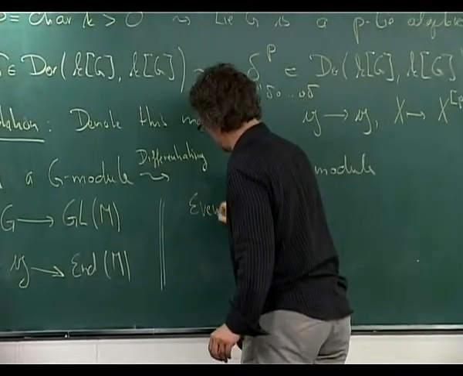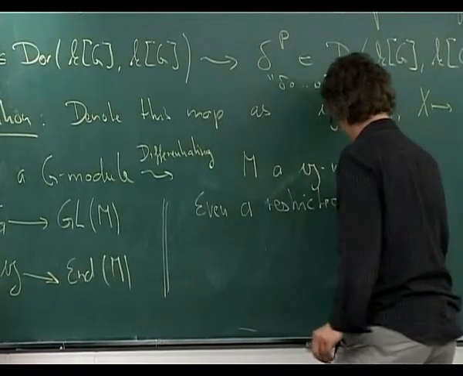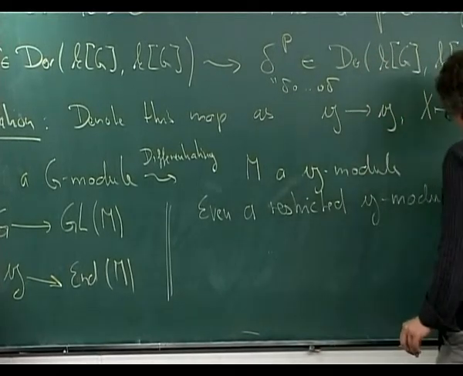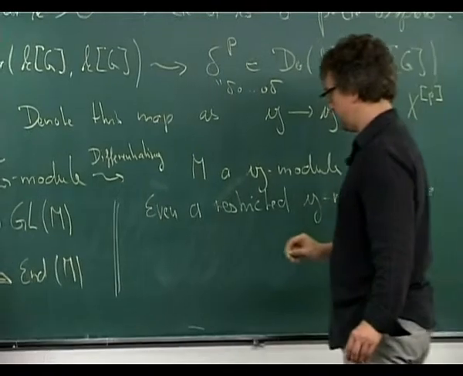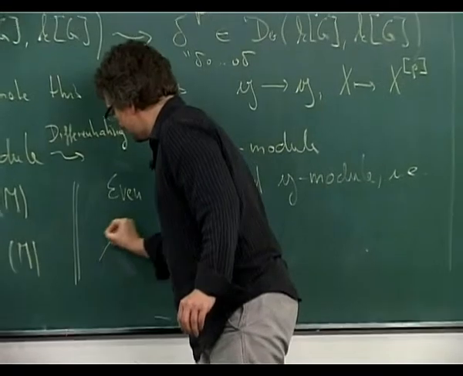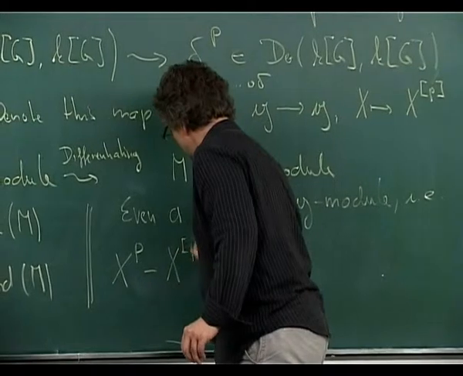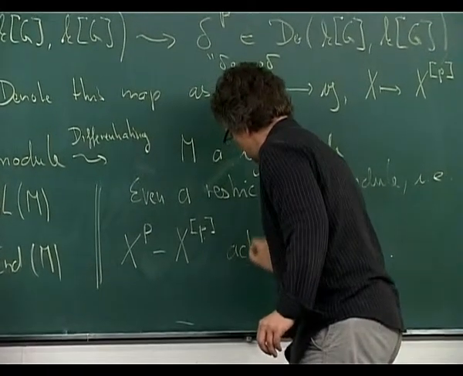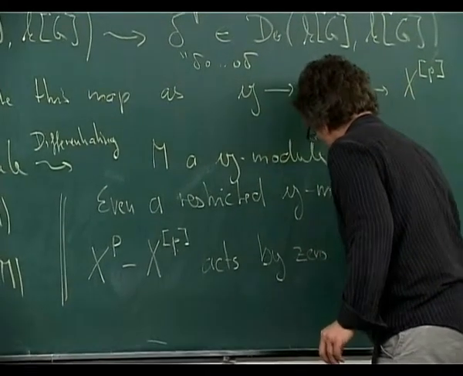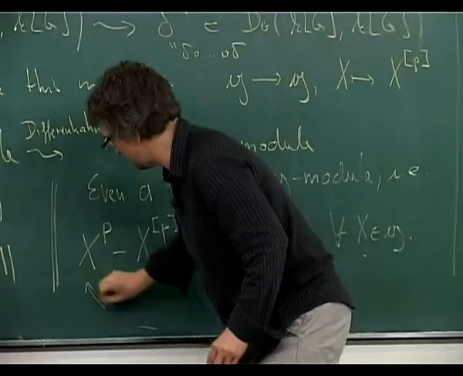It is even restricted, that means x to the p minus x to the p-th power acts by 0 for all x in the Lie algebra.